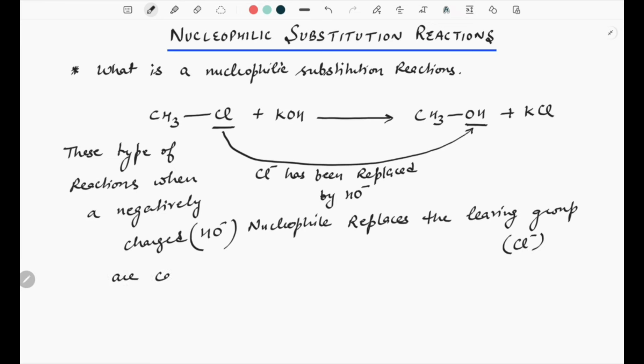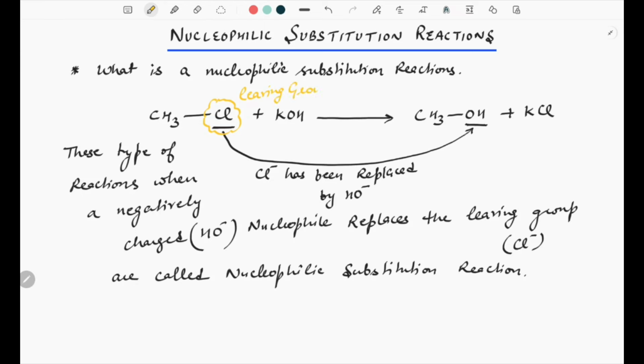These are called nucleophilic substitution reactions. The outgoing group, in this case Cl, is called a leaving group, and the incoming group, which is OH or hydroxide, is what we call a nucleophile.